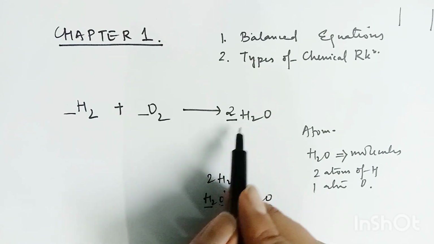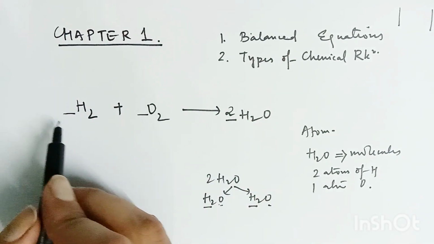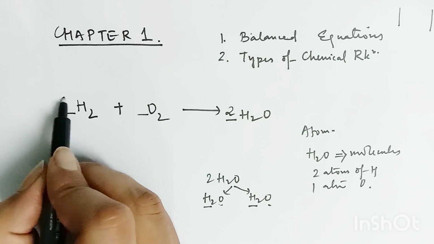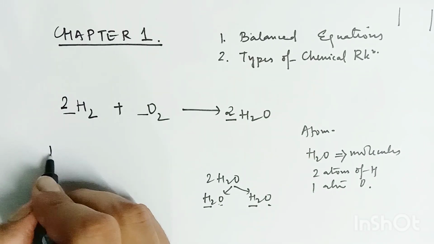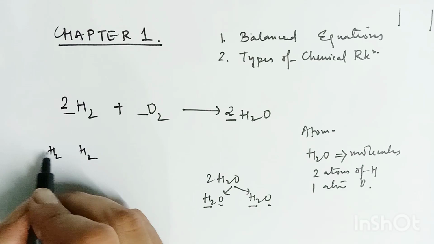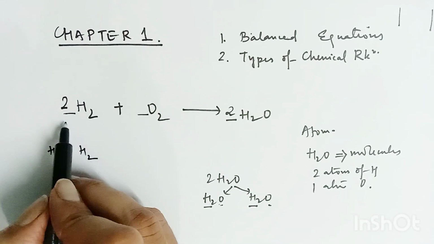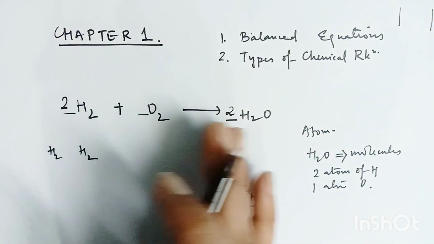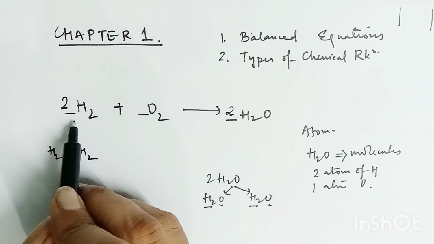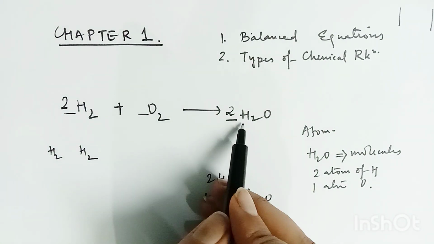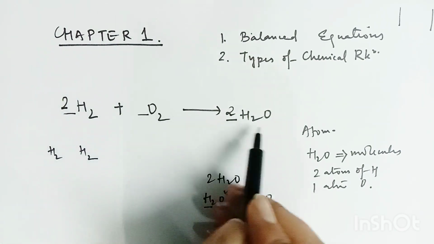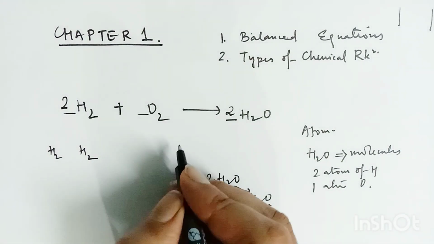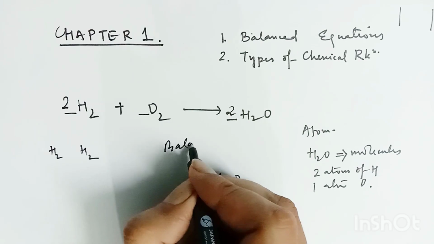Here there are 4 atoms of hydrogen, so we will put 2 here. 2 2s are 4, which means there are 2 H2 molecules now. So now all the atoms are equal on both sides: 4 hydrogen here and here also, 2 oxygens here and here also 2 oxygens. So this is now balanced.